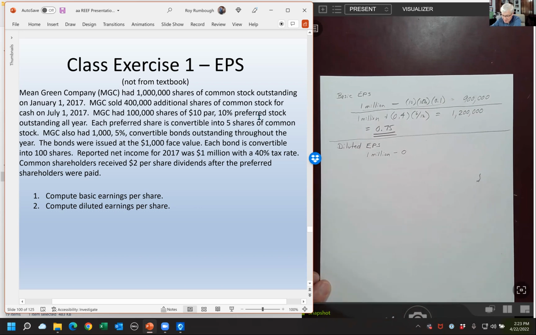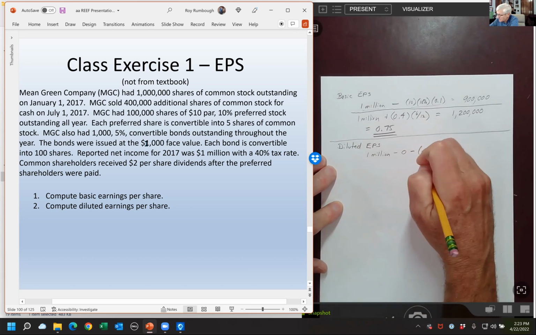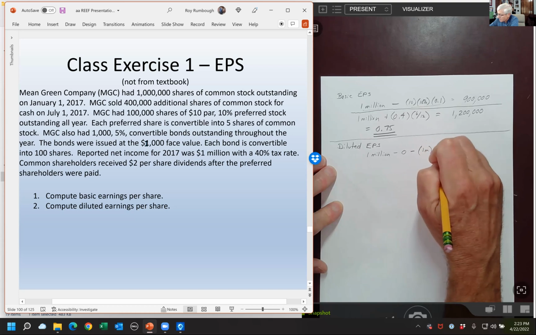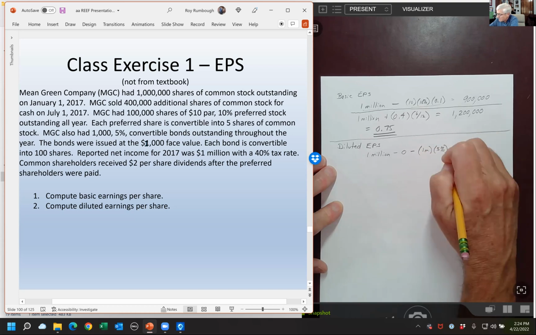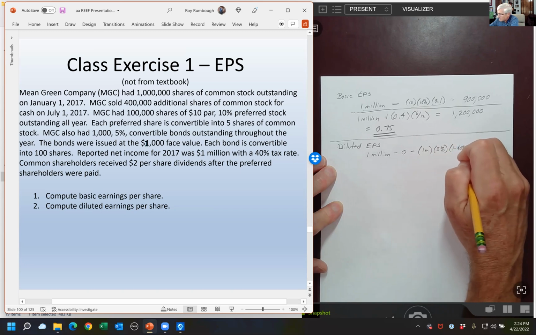Then we've got $1 million in bonds, 1,000 bonds, each with $1,000 face value, and we're going to convert those. Each bond is convertible into 100 shares, so we've got to add back the interest expense on those: $1 million times 5% times 1 minus 40%, or 60%.